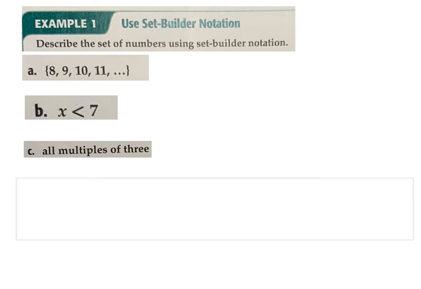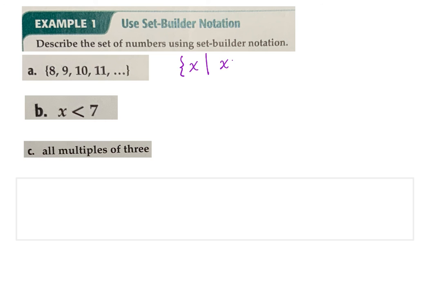Look at example 1. Describe this set using set builder notation. So we are going to set it up just the same way that we did the other one. We are going to use this little bracket. We're going to say, x such that. And then what do you notice? We have 8, 9, 10, 11. What do you think the next number is going to be? 12. So we know that x is going to be some number greater than or equal to 8, based on what they've given us.